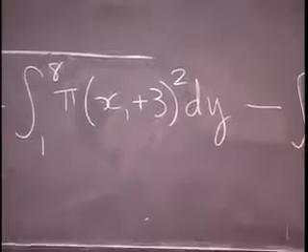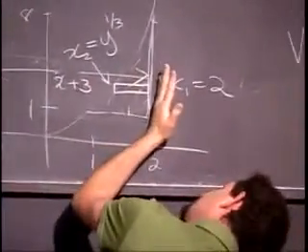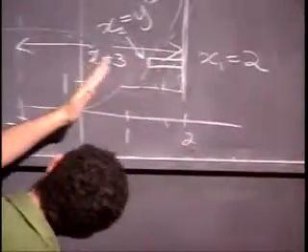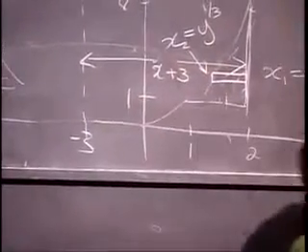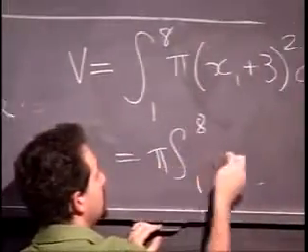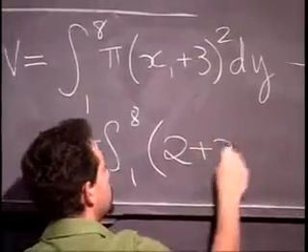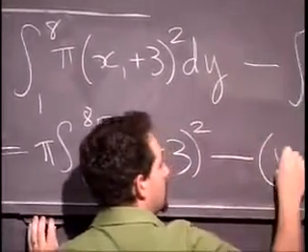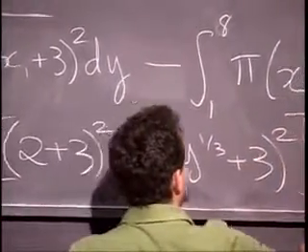And variation 2 says do it for both the top curve, which is this vertical line, which is now horizontal when I tilt my head, and the bottom curve is y to the 1/3. So you will get this integral here. We can combine them all and get x1 is just 2, so 2 plus 3 all squared, minus y to the 1/3 plus 3 all squared dy.